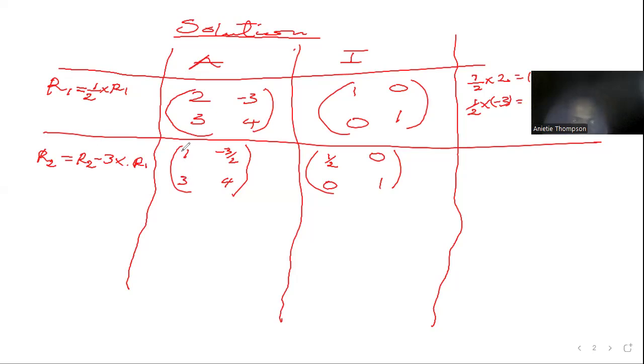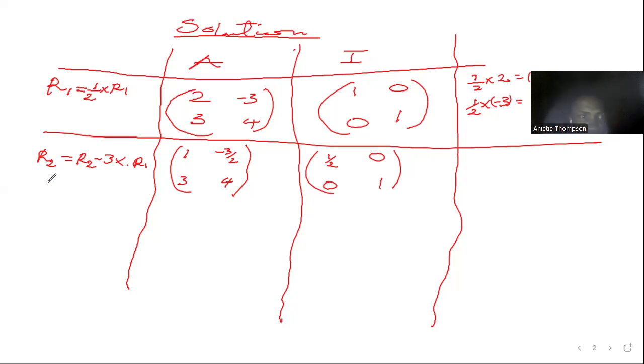I know that if I multiply 3 to this place, it will become 3, and by the time I do 3 minus 3, like row 2 minus 3 times row 1, I'll have 0 here. Don't forget, I'm looking at having an identity matrix here. So my interest is to transform this place from 3 to 0. So I know that if I multiply by 3 and subtract row 1 from row 2, that will give me 0.